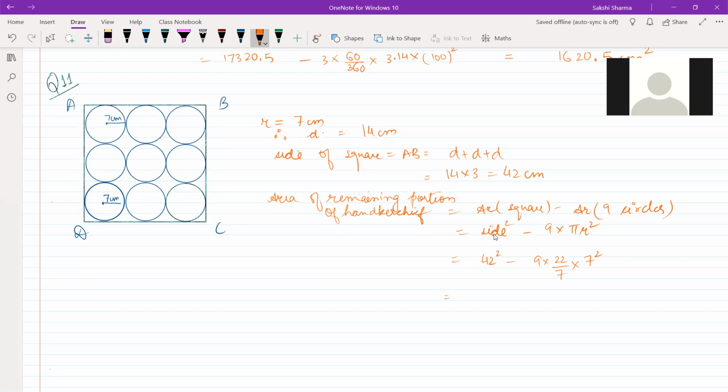So simplifying, if anyone has already done. Yes, ma'am. Area of the square comes as 1764 centimeter square and area of 9 circles as 1386. And the answer is 378 centimeter square.